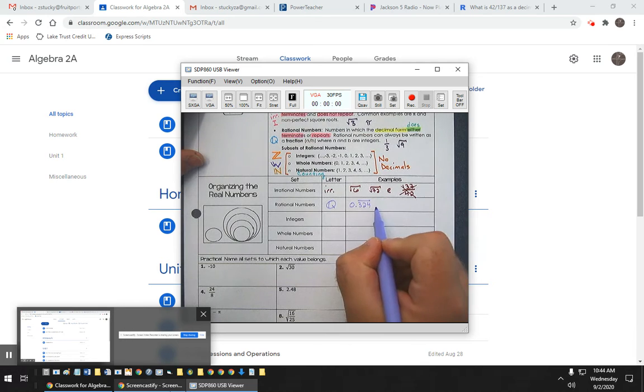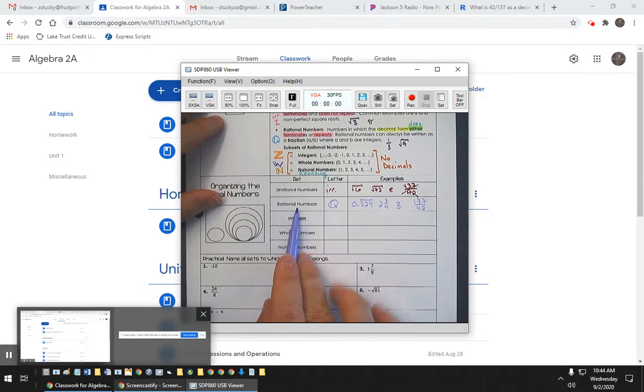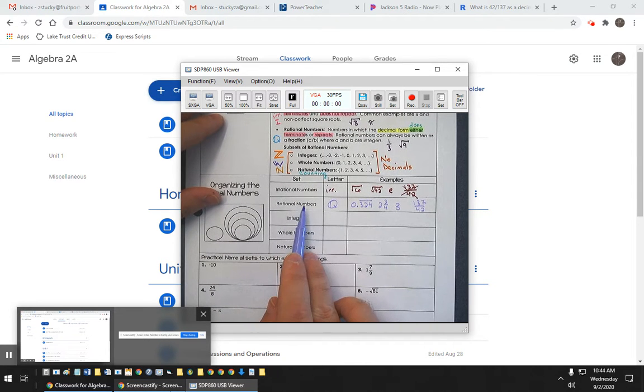I don't know, 2 3/4. There's an example of a rational number. The number 3 is a rational number. The number 137 over 42 that I referenced up above, that's a rational number.